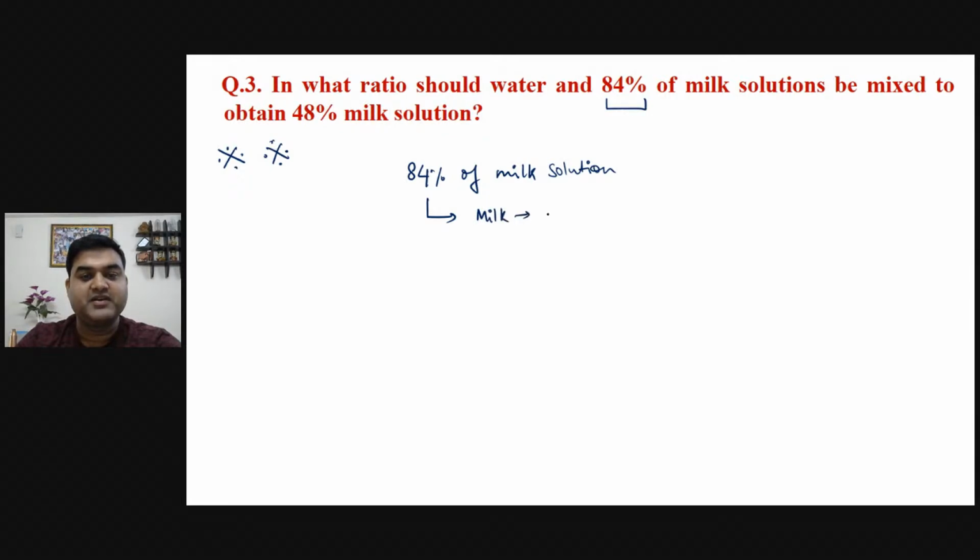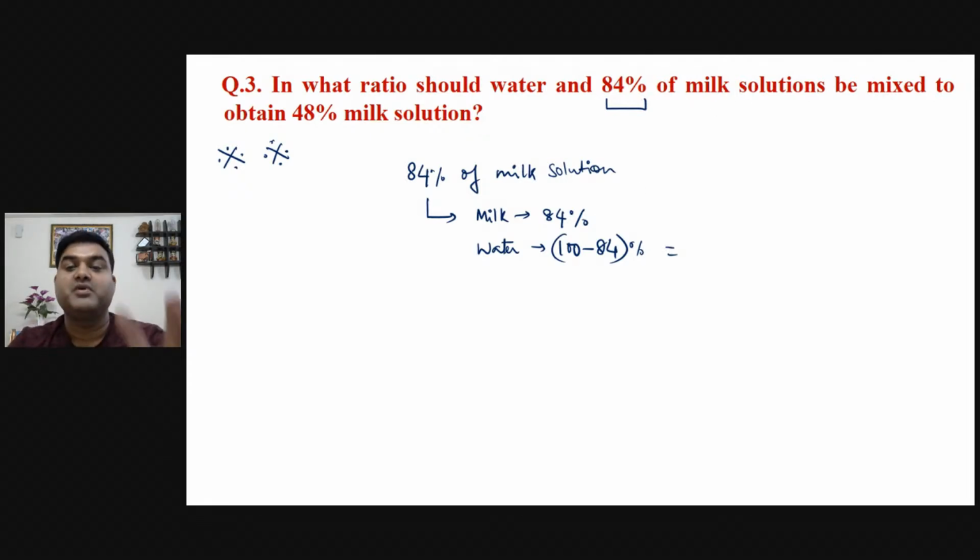Quantity of milk will be, or percentage of milk will be 84%, and percentage of water in this will be 100 minus 84%. That is the meaning of 84%. Hope you understood. 84% of milk solution, right? So in milk, water content also will be there by default.